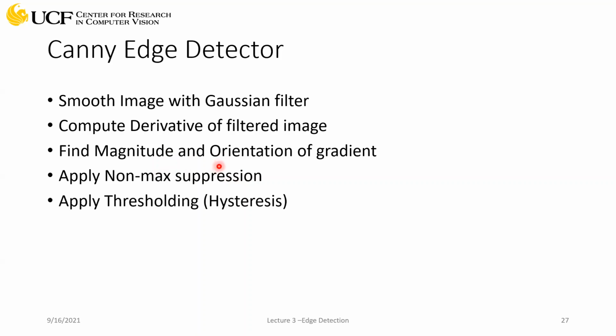Then another new concept in this algorithm will be the use of thresholding. I think there was a question in the last lecture, how we can improve the thresholding, right? In the previous algorithm, we just pick one threshold, maybe by manual inspection or maybe through some statistics. But in this case, it's a little more sophisticated. It's called hysteresis thresholding. So we will talk about this.